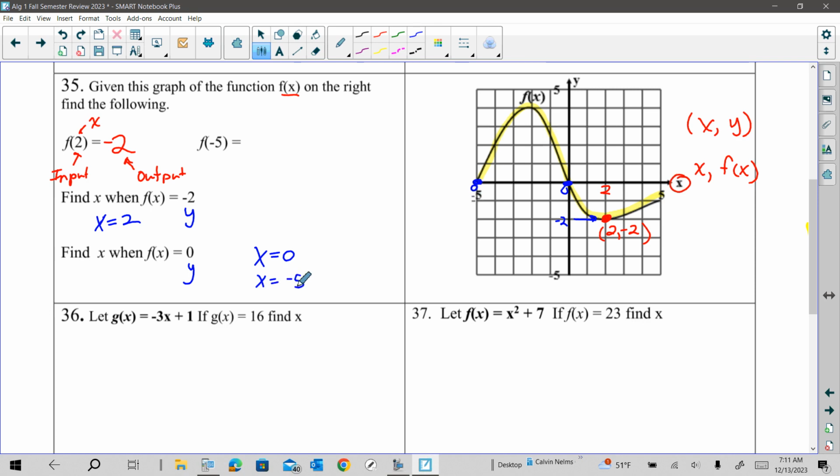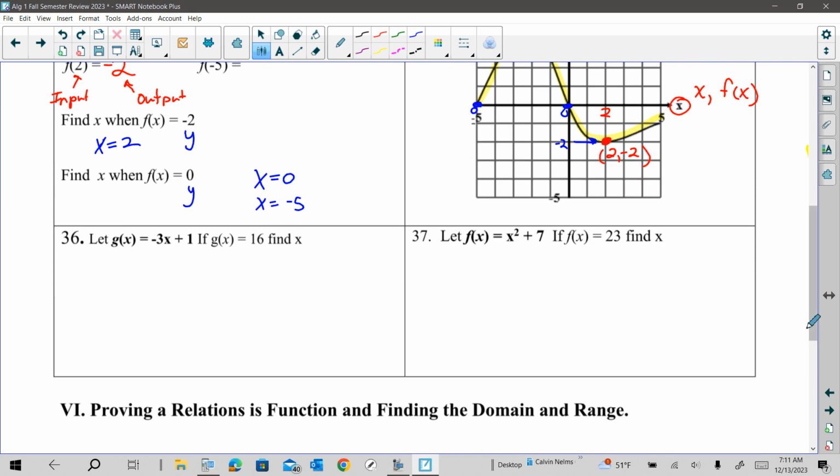Okay, now from graphs, we're going to ask you to do the equations. You can use your calculator as a shortcut. Meaning, remember, this is our g of x, our function notation, same thing as y. So this is negative 3x plus 1. And so we can type this and then use the table.